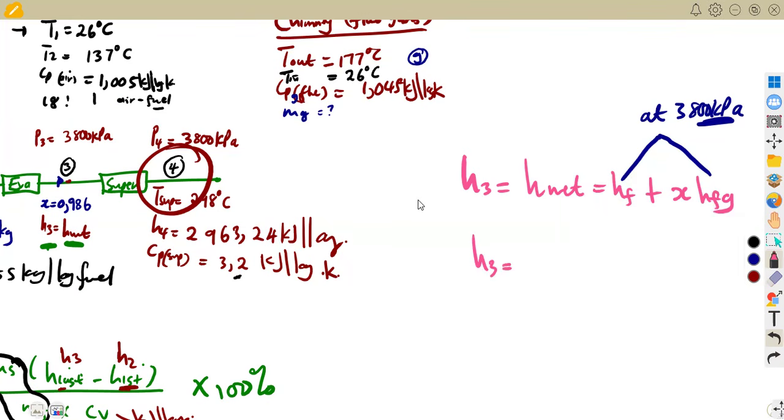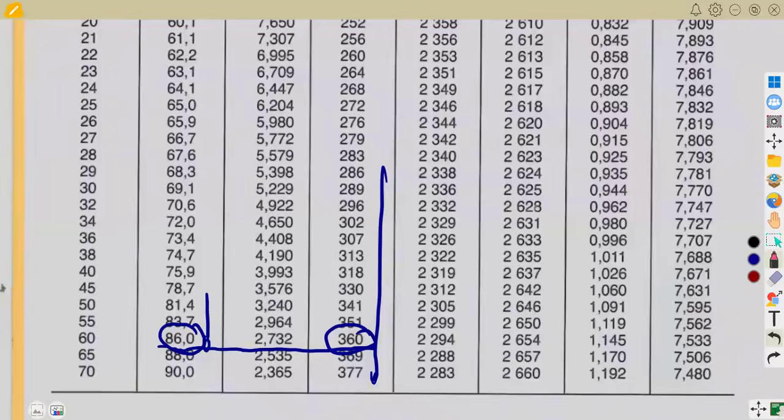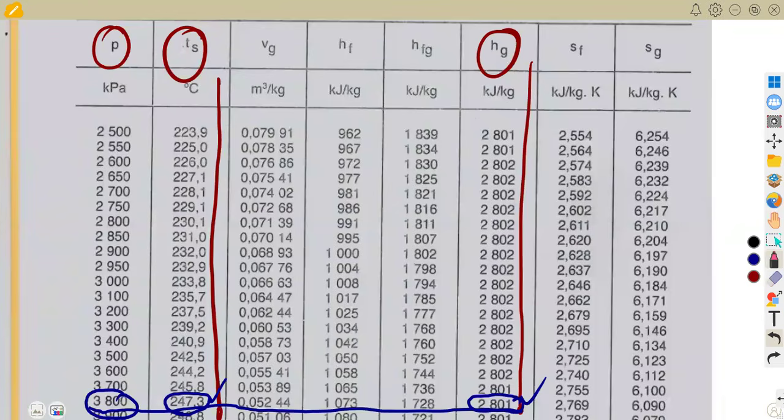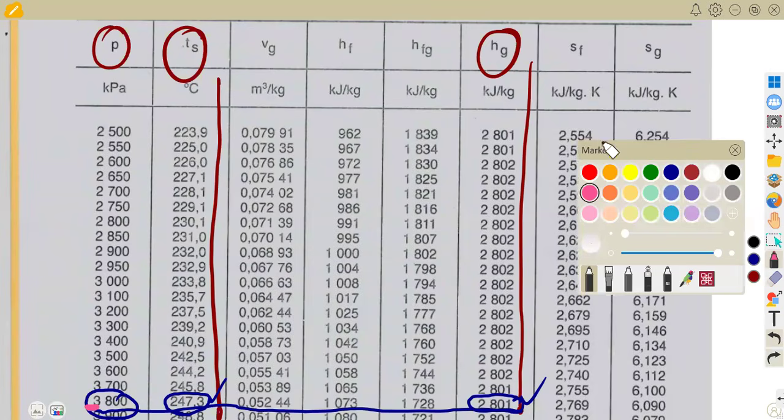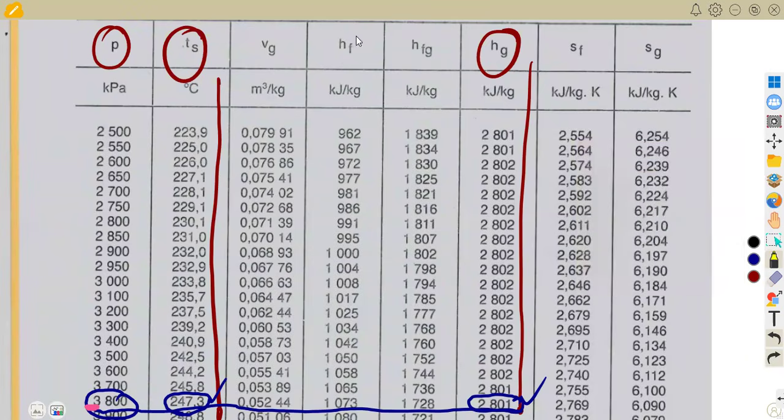So remember, we were at 3,800 before. We had these values before at 3,800, but this time what we need is HF and HFG. So this is our HF here, the value that corresponds to HF at 3,800, and then HFG, which is this one.